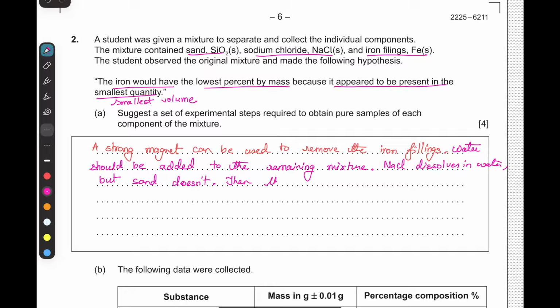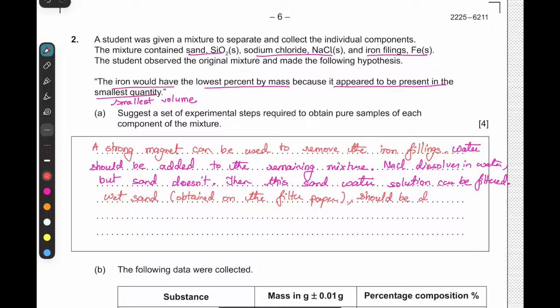Then this sand water mixture can be filtered using a filter paper. The wet sand retained on the filter paper should be dried to obtain sand.